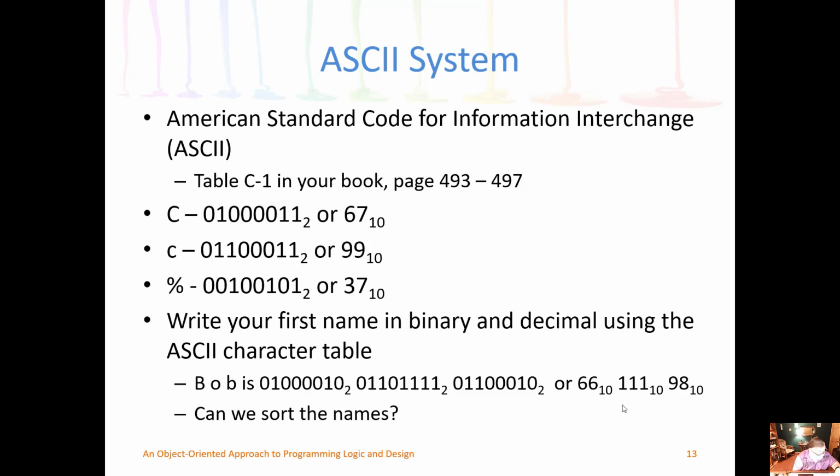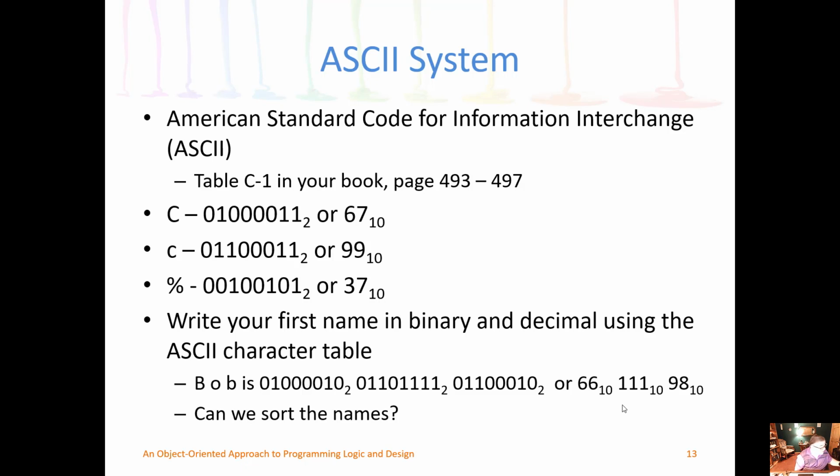It's 01000011 in binary. It also says it's decimal 67. That's a capital C. Now a small c is different. A small c is on page 496, and that is 01100011 or 99 in decimal.